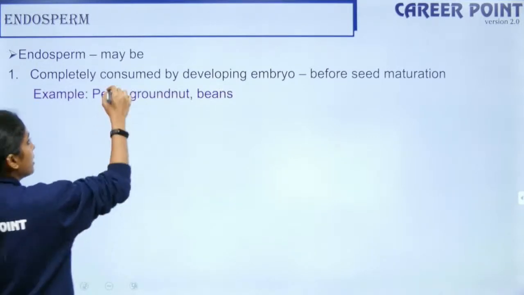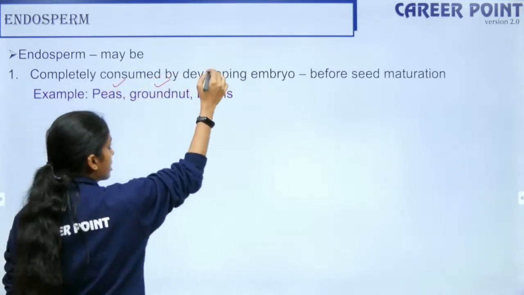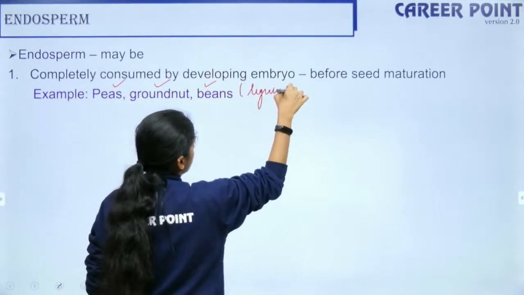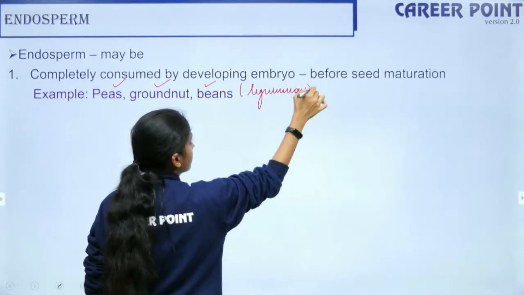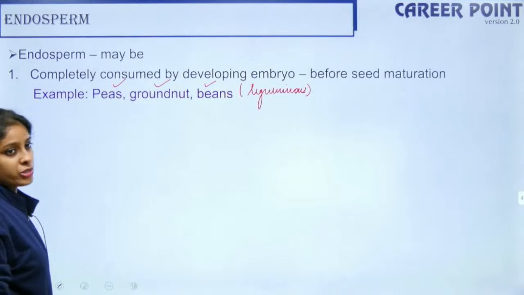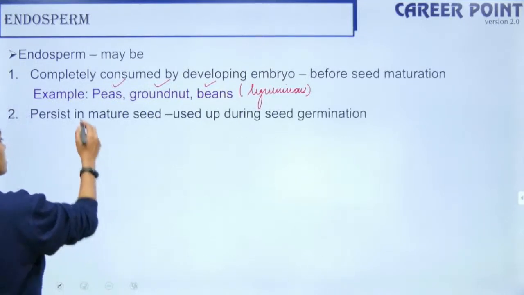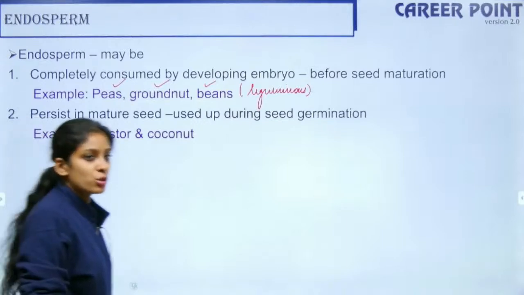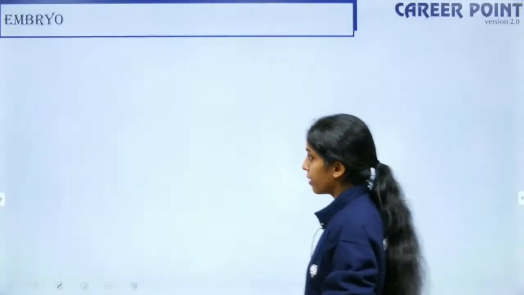For example, peas, groundnut, beans, all of your leguminous plants. So you can also say they are dicots. In some cases the endosperm persists throughout. This is seen in castor and coconut. So these are the two types of endosperm development.